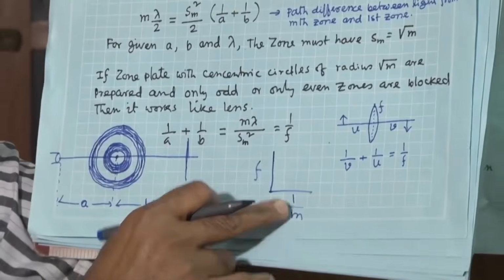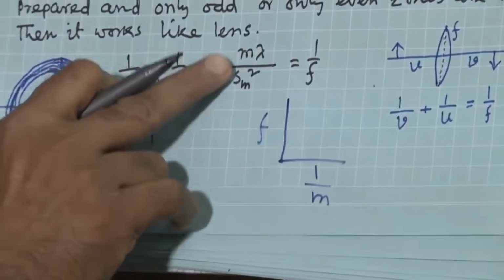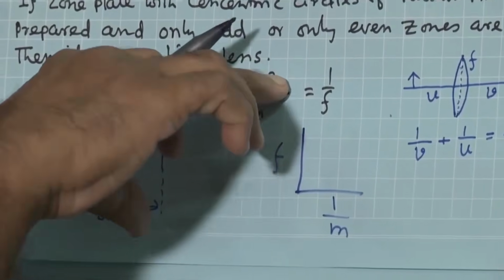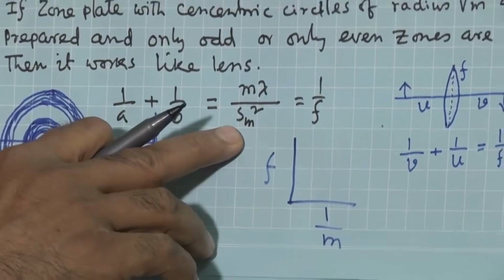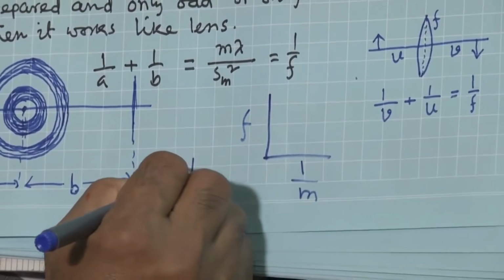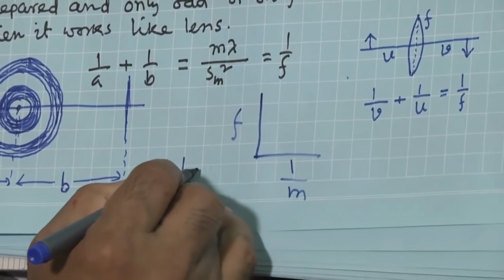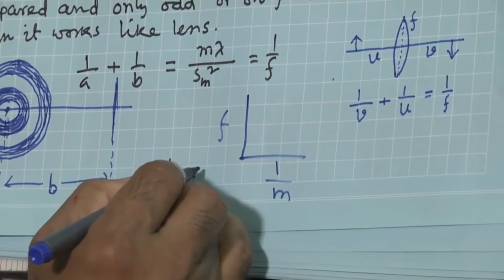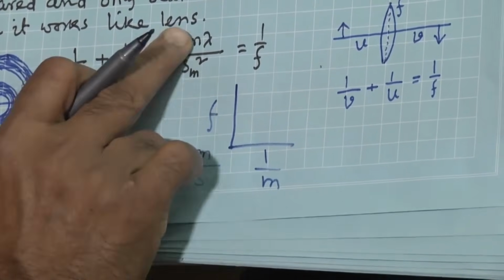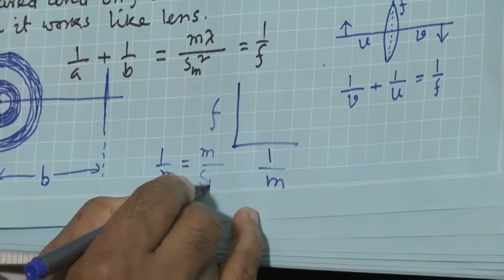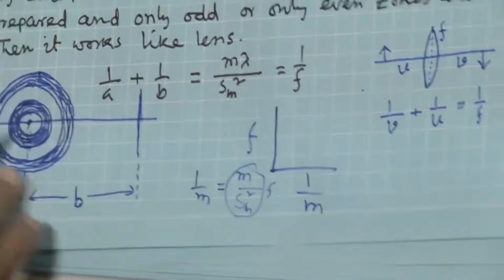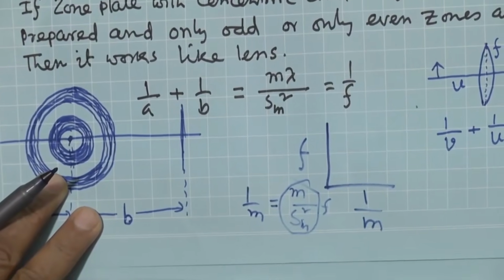If we plot it, we will get a straight line, and the slope will be lambda by S_m squared. So it is f_m versus 1/m, and the slope is m S_m squared f. This will be the slope.